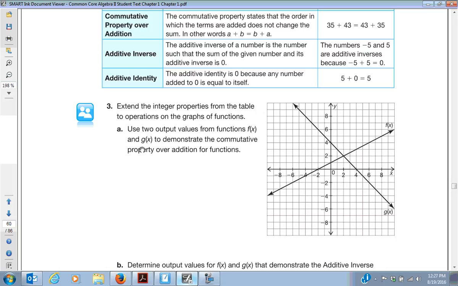So anyways, when a cop knocks on my window and goes, "Sir, I need to see your ID," what does he want to know? He wants to know who I am, right? He's going to take that ID, look me up, and see who I am. My identification tells you who I am. What does the additive identity tell 5 who it is? When you add 5 to 0, what do you get back?